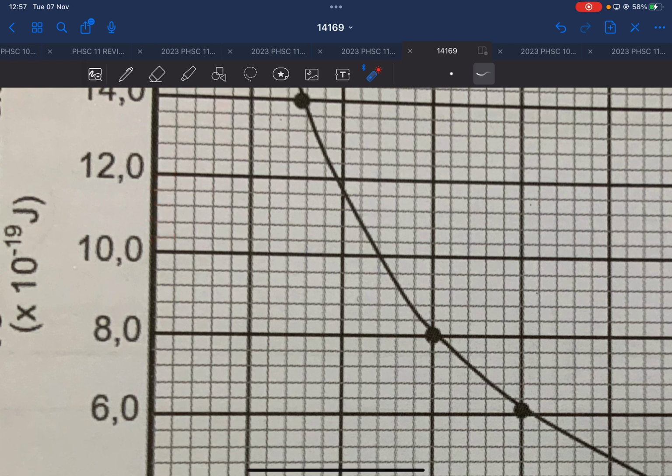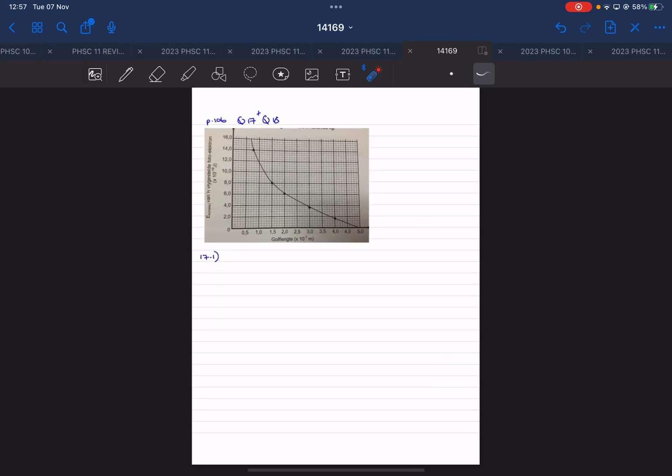Right, so this line goes there, it cuts there, so it's on that line there, it will be 11.6, and don't forget, times 10 to the power minus 19.